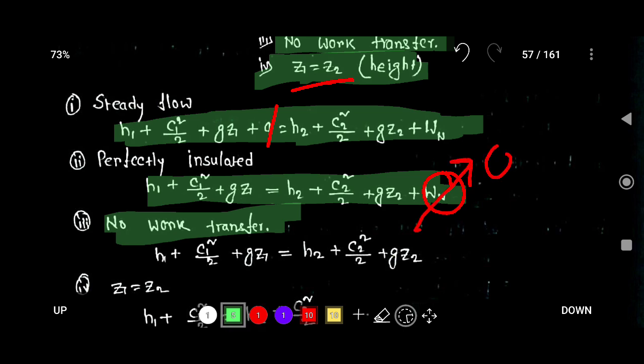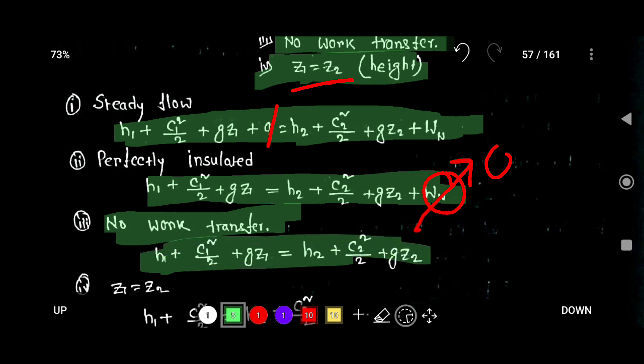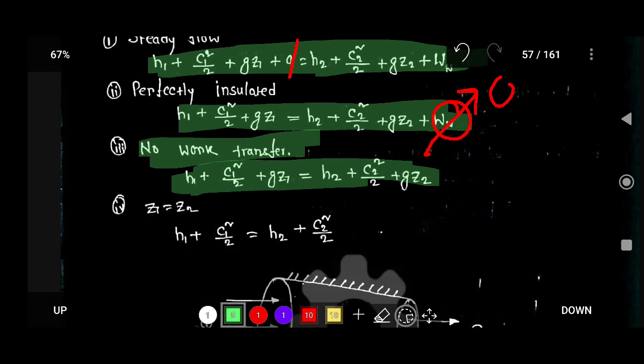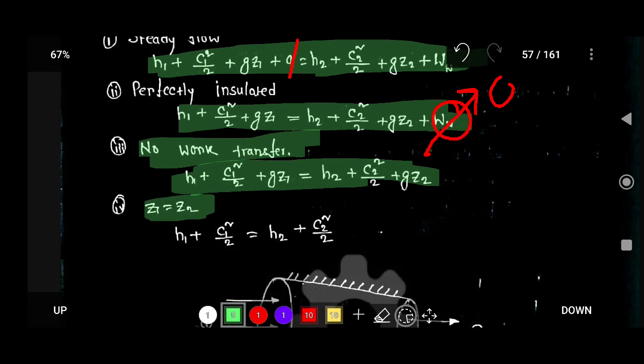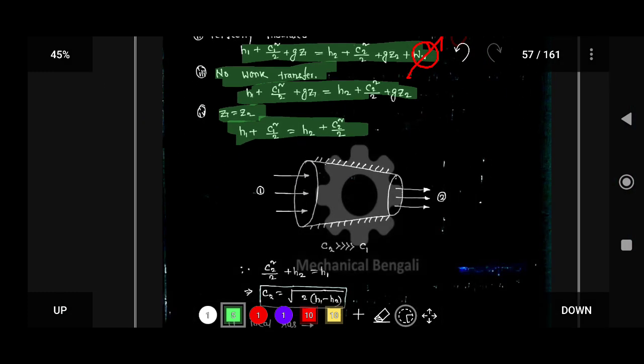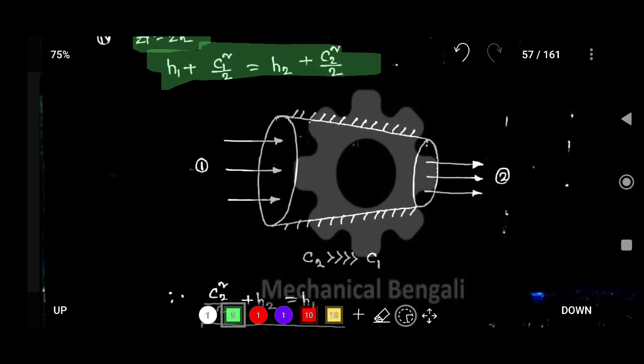So you get H1 plus C1 square by 2 plus Z1 is equal to H2 plus C2 square by 2 plus Z2. Now in a nozzle Z1 is equal to Z2. From here you get H1 plus C1 square by 2 is equal to H2 plus C2 square by 2.